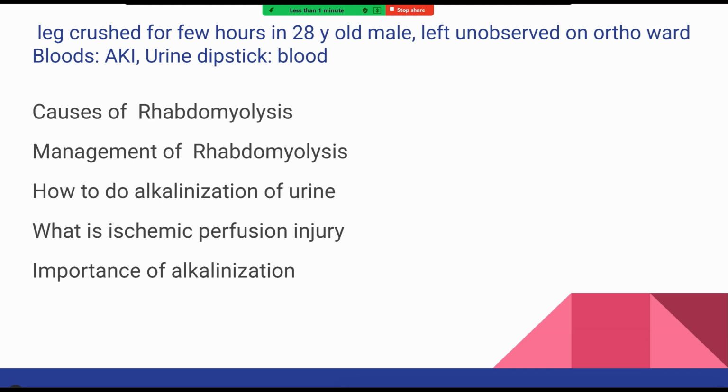Okay. So what is ischemia reperfusion injury? Ischemia reperfusion injury is an injury that results from release of toxic metabolites into the system following long-term ischemia.